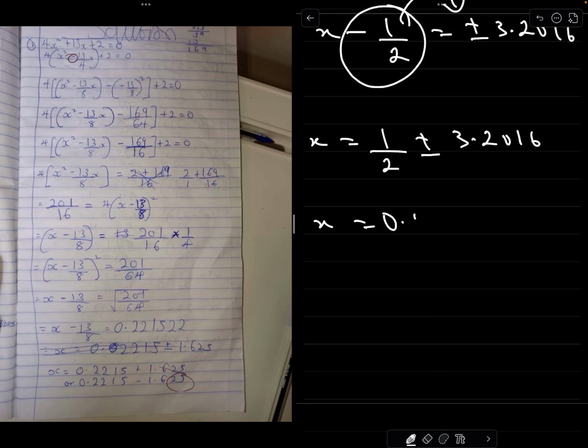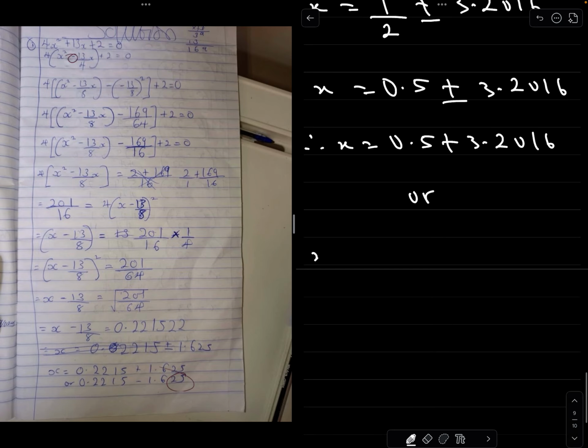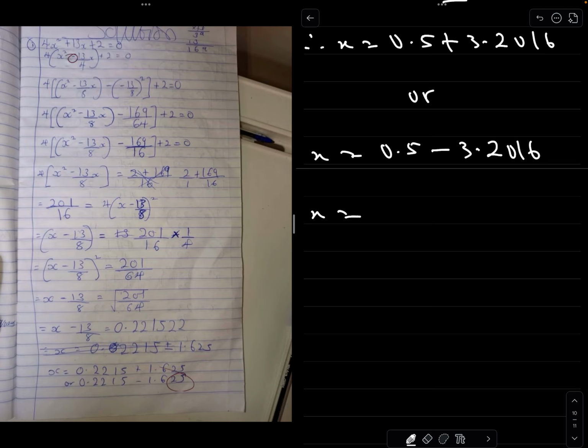X equals 0.5 plus or minus 3.2016. And that therefore means x equals 0.5 plus 3.2016, or x equals 0.5 minus 3.2016.